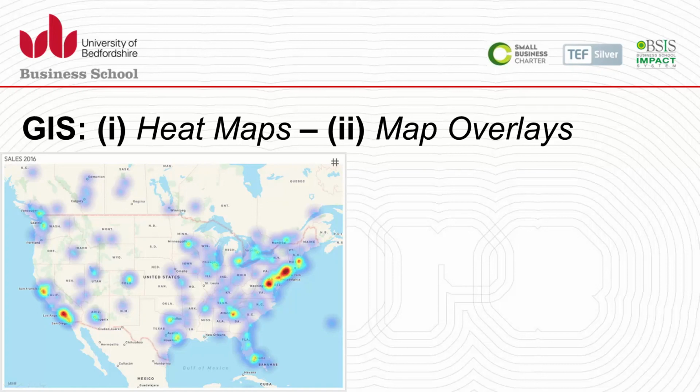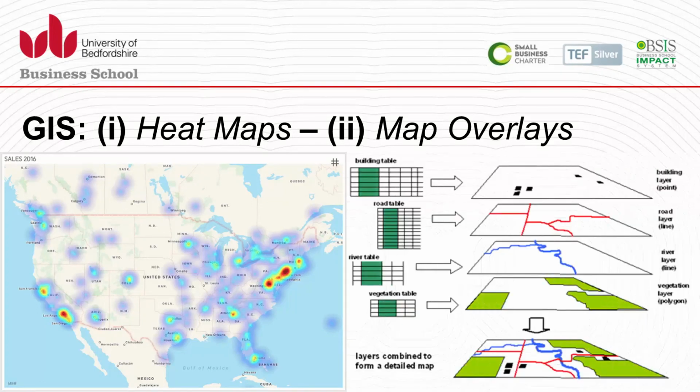At the same time, when we look at map overlay, we have different layers, and the overlay is again a geographic information system operation that superimposes multiple layers of data sets, representing different themes, together for the purpose of identifying relationships between different layers.